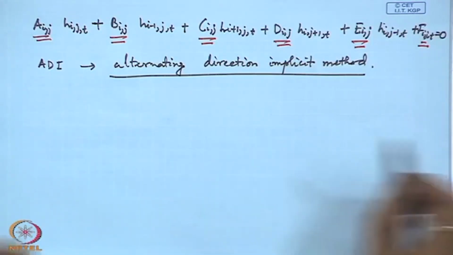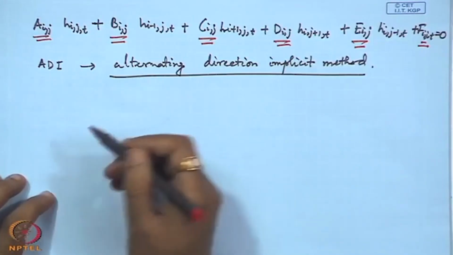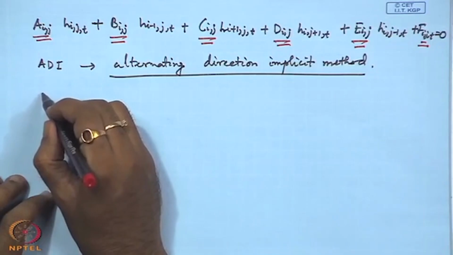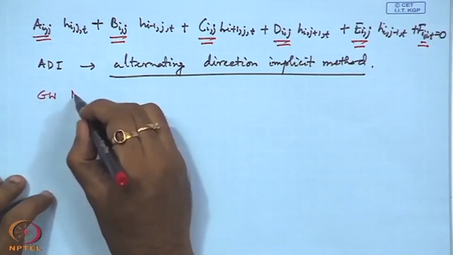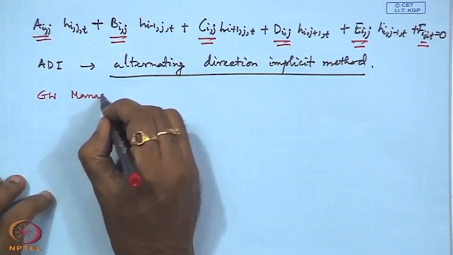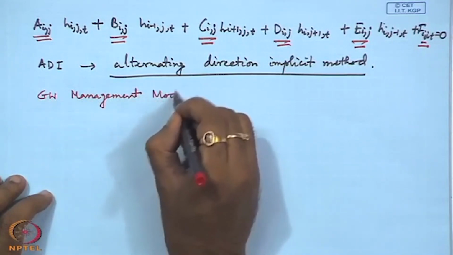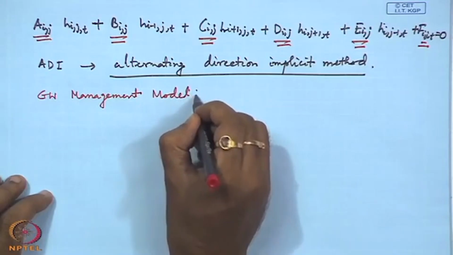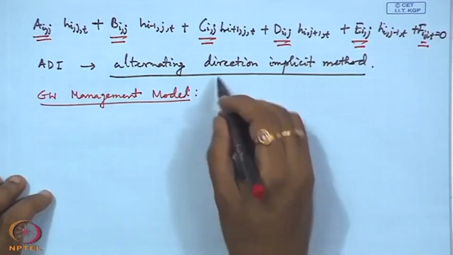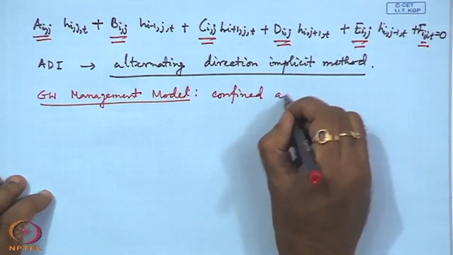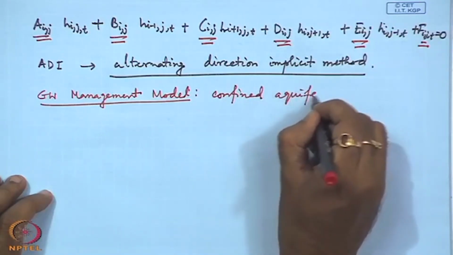Now, we are concerned about the management model, the groundwater management model. There we are concerned about the confined aquifer.